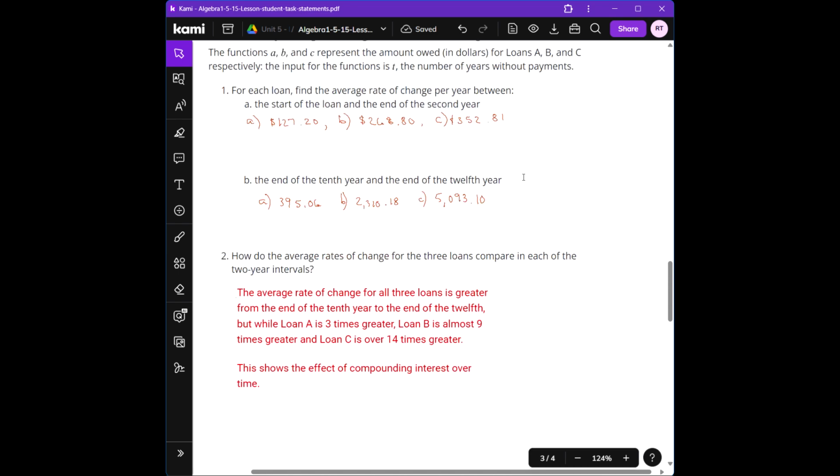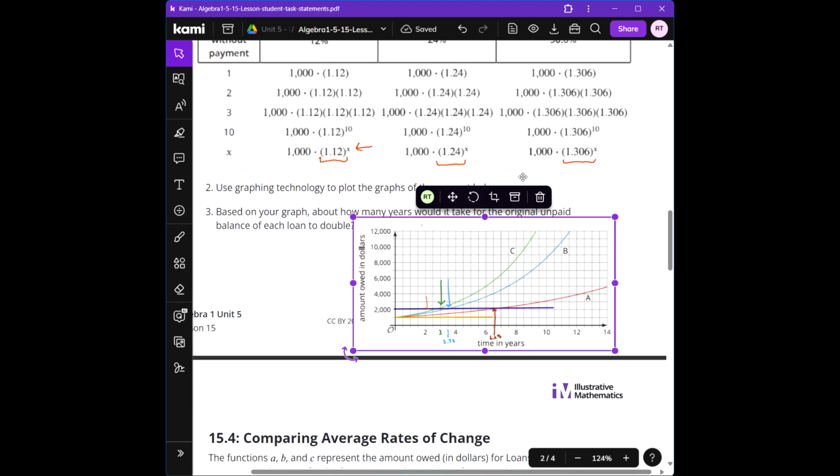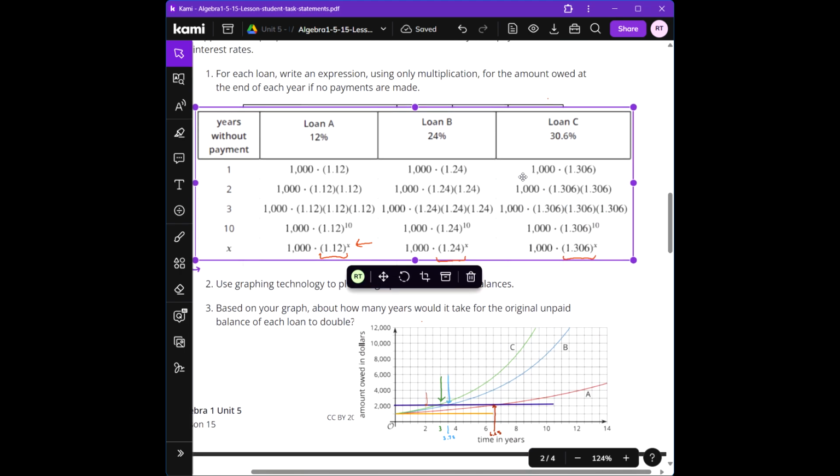So basically when we look at our loans of 12%, 24%, and 30%, we can see how different these interest rates impact our rate of change and how much we're going to owe. But the good thing is, this works for savings as well.